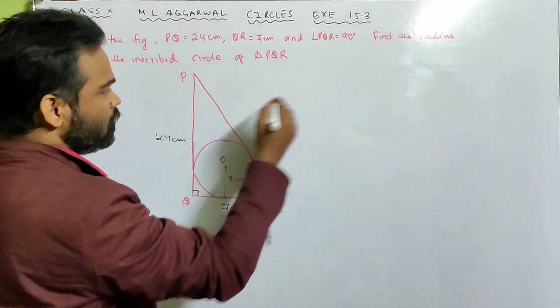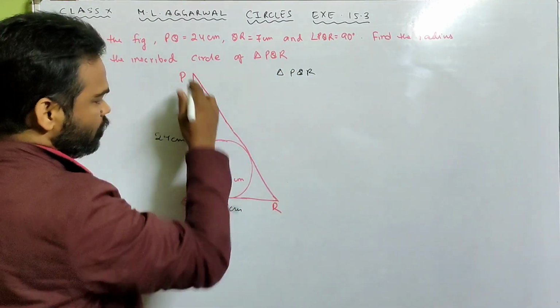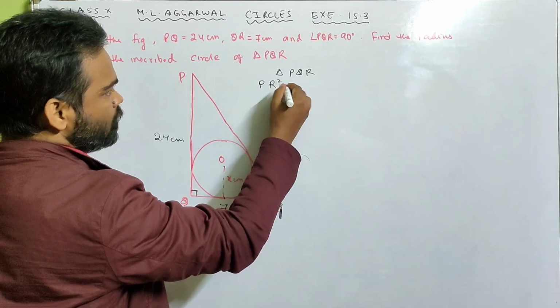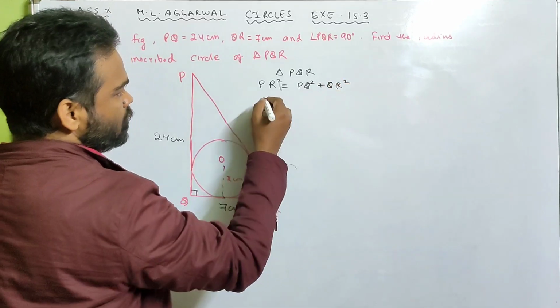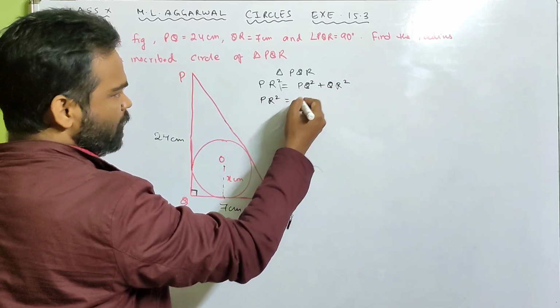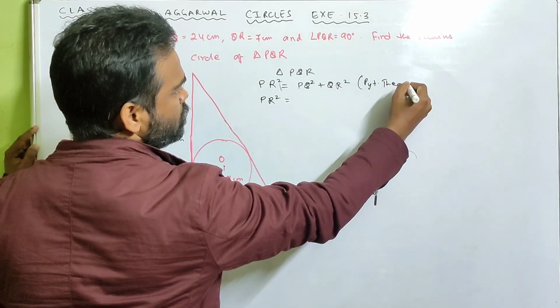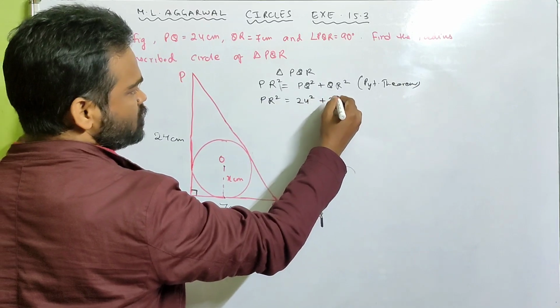First of all, in triangle PQR, that's a right angle triangle, which means PR is the hypotenuse. So hypotenuse square is equal to perpendicular square plus base square. So PR square, by Pythagoras theorem, is 24 square plus 7 square.